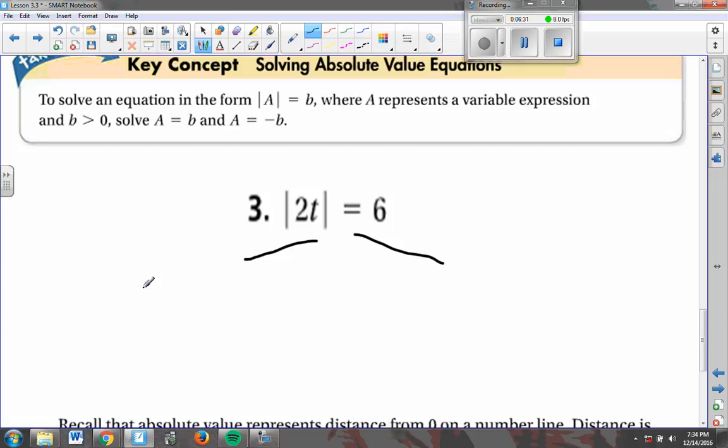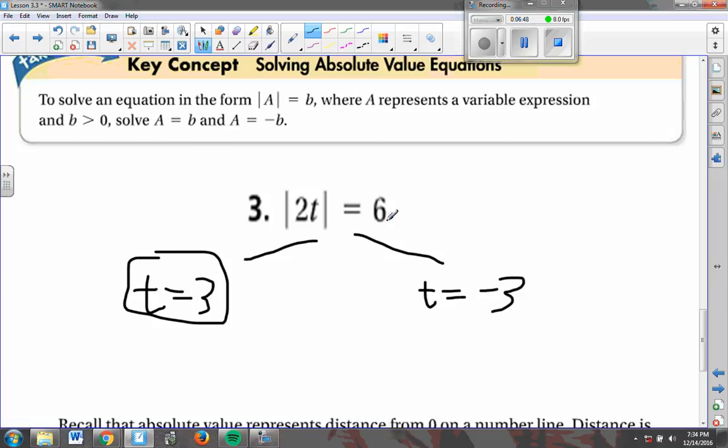All right, we should end up with t equals 3 and t equals negative 3, because we split and get 2t equals positive 6, divide by 2 and we get this. Or we get 2t equals negative 6, divide by 2, we get that. Two answers always, but we might have to solve after we split.